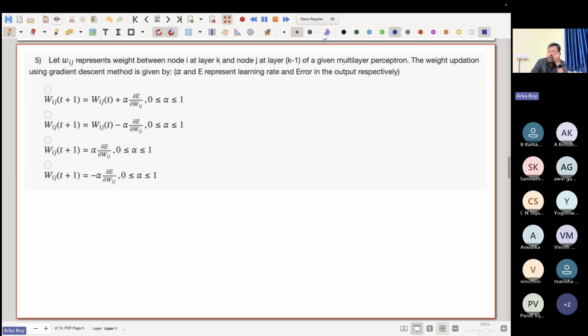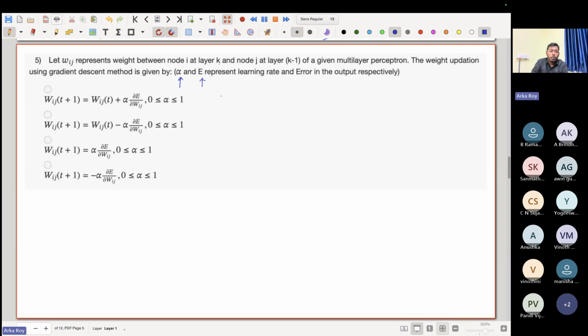I don't think you have studied what a multi-layer perceptron is yet, but you can just think that you have some sort of neural network architecture, whether it is multi-layer perceptron, SVM, whatever it is, and you have got some sort of weights, that is Wij. And what it is saying is basically the weight updation using gradient descent method is given by, where alpha and E represent the learning rate and error in the output respectively.